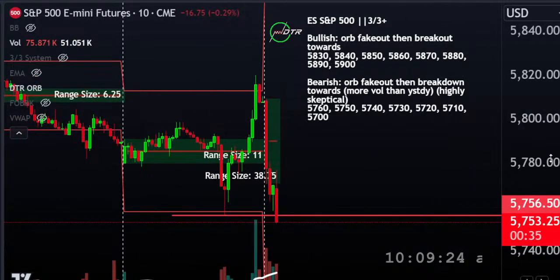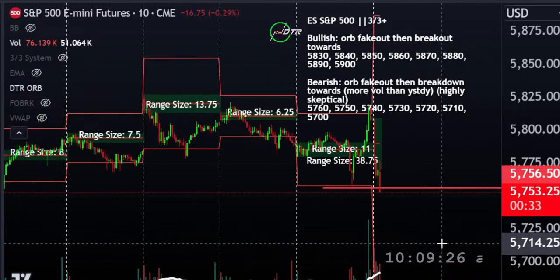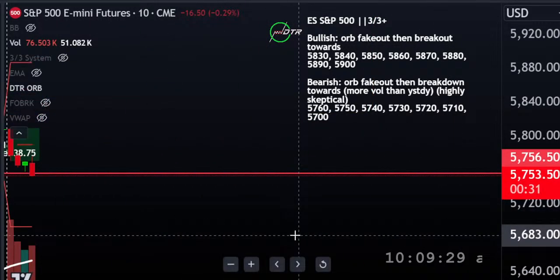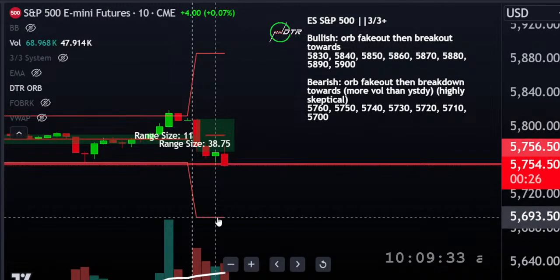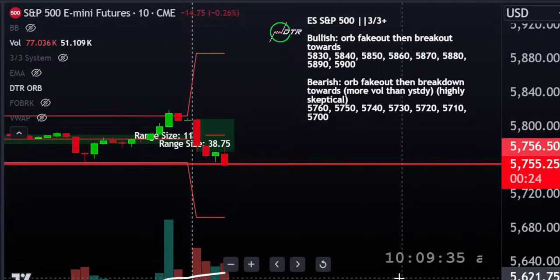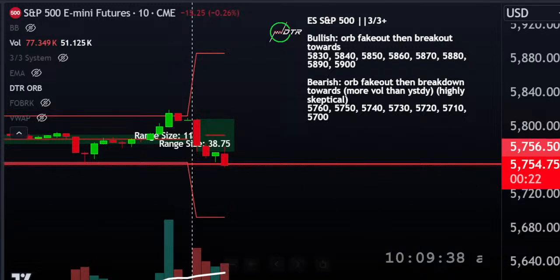So 30 seconds to go. And it would look like this, so target would be 56.93. So it's a big move here.